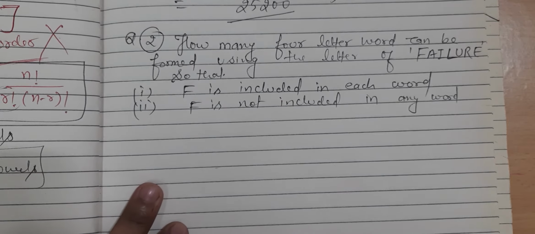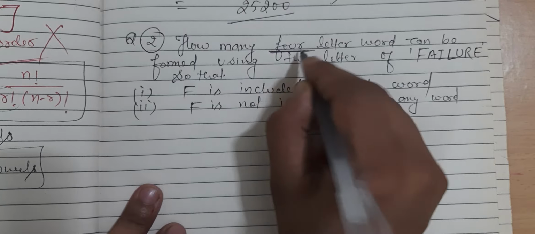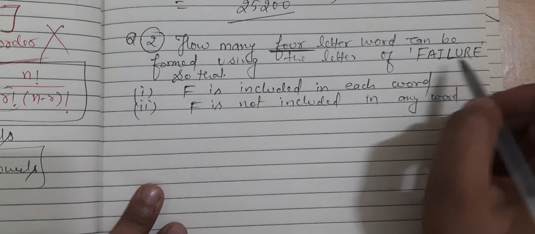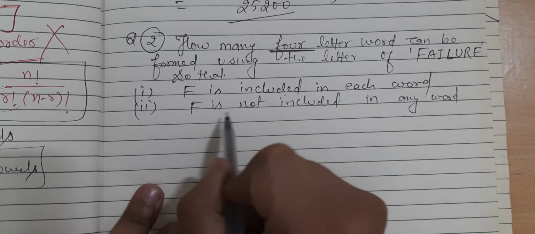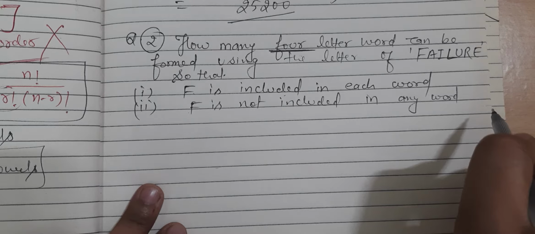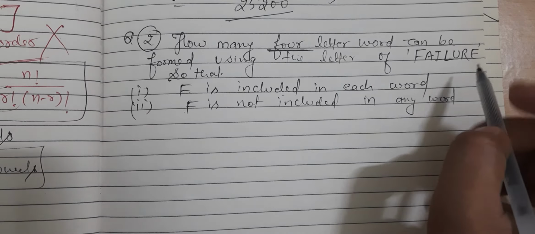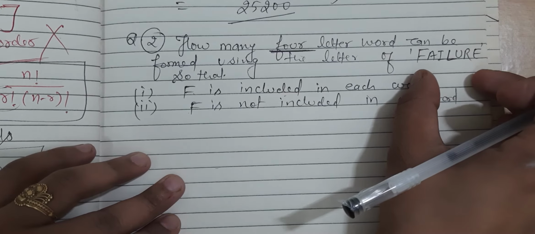Now see the next question. How many 4-letter words can be formed using the letters of the word FAILURE so that F is included in each word, and F is not included in any word? So here we are given a word FAILURE. We'll first count the total number of letters given in this word.